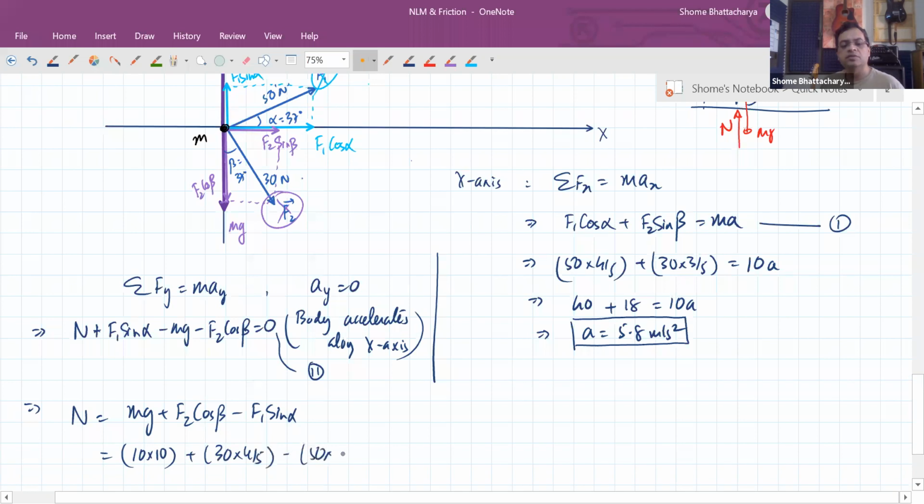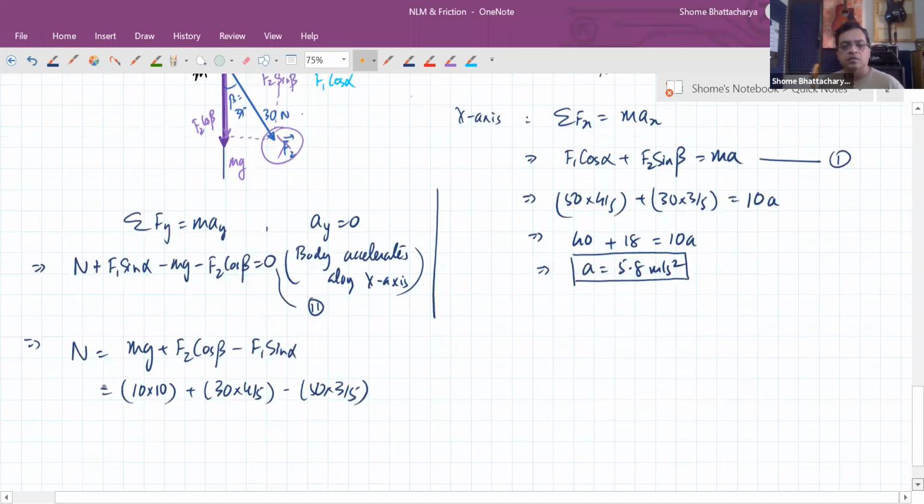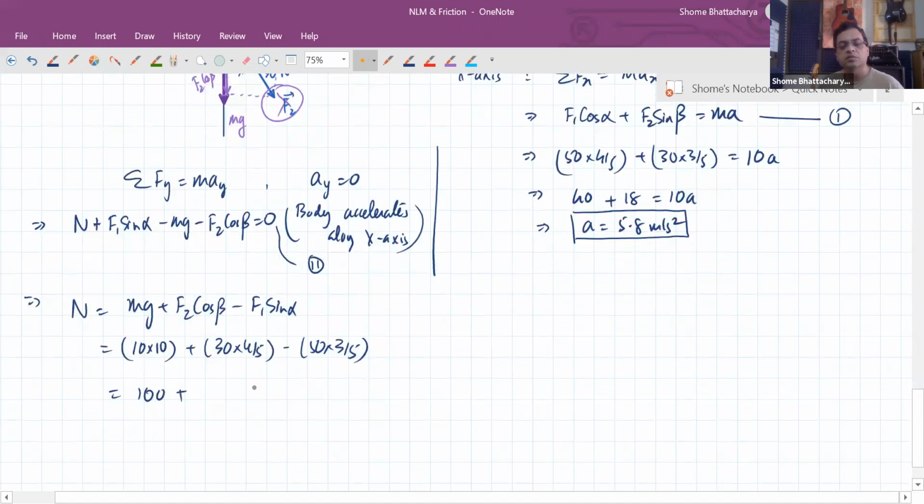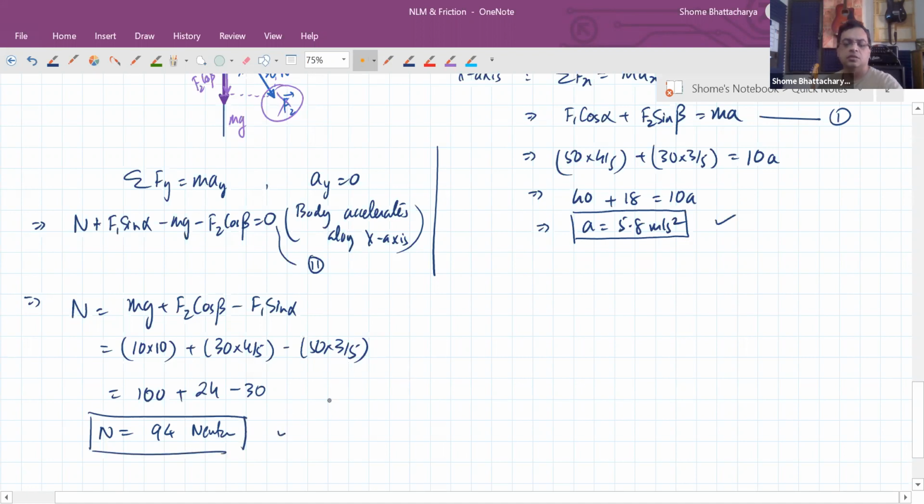Minus, this will be 50 into sine 37. So the normal reaction is becoming 94 newtons, whereas the acceleration was this much.